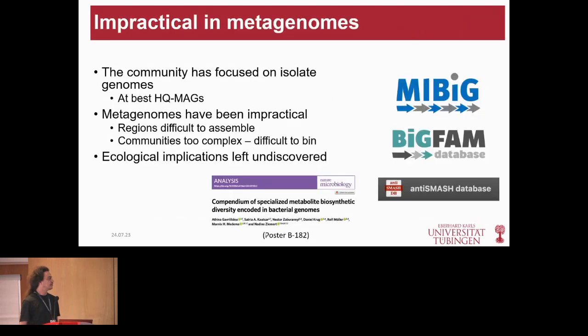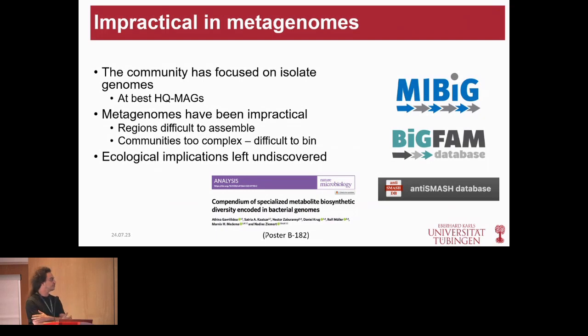Although there have been many efforts to characterize these products and the gene clusters responsible for producing them from the community, most of these efforts have focused on isolate genomes, or at best high-quality metagenome-assembled genomes.